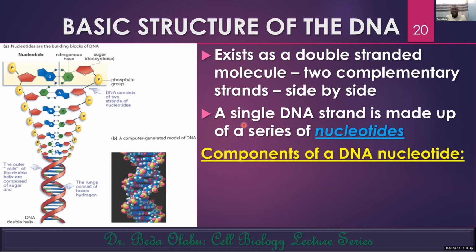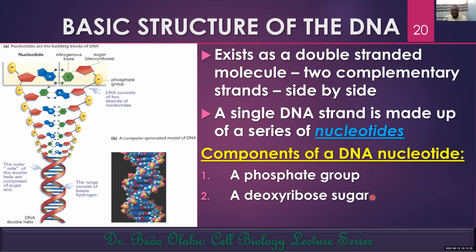What does a nucleotide consist of? A nucleotide consists of 3 molecules. There's a phosphate group, there's a deoxyribose sugar, and there is a nitrogenous base. So those 3 make up a nucleotide of the DNA. Now let's look at that.